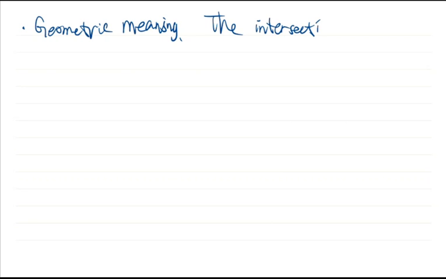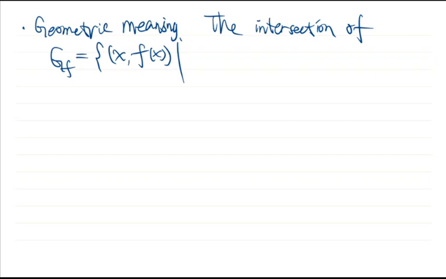Now we consider the geometric meaning of these partial derivatives. Geometric meaning. So we consider the intersection of the graph of f, which is (x, f(x)), where x belongs to the domain of definition of our function f.